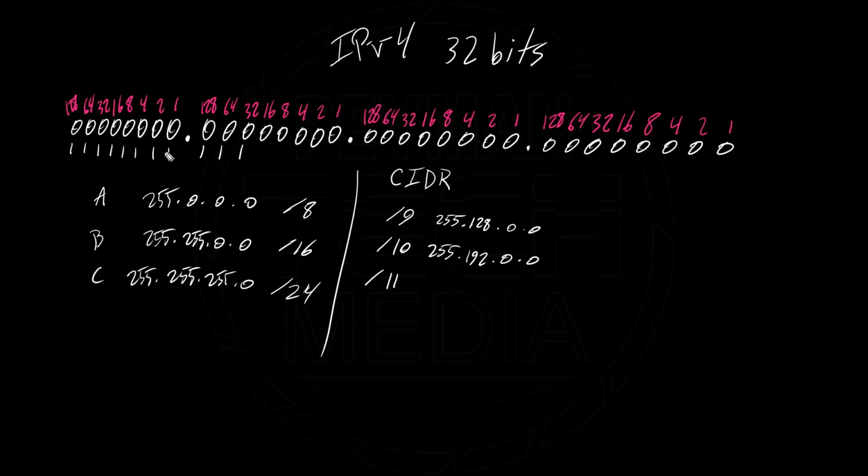The 8 bits on the first octet give 255, all the ones already turned on. Here we have 128, 64 and 32 turned on, that's 224, 0, 0.